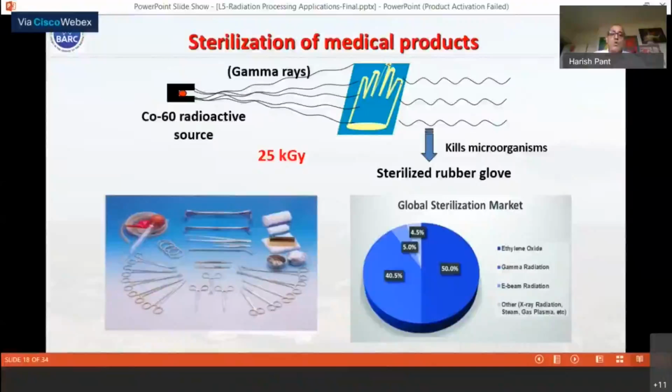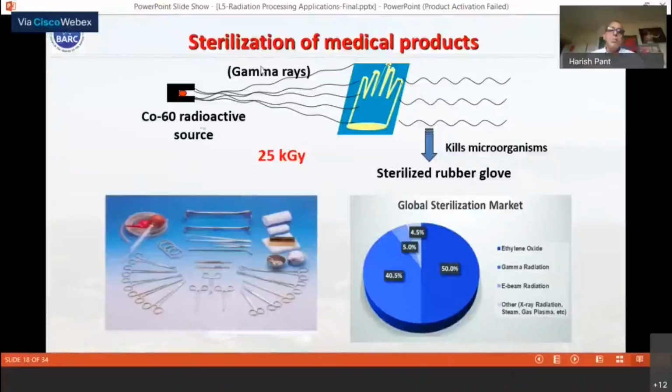And as I told you, sterilization using gamma radiation has a lot of advantages. You can see that all over the world, more than 50% of the medical equipment is processed or sterilized by gamma radiation.